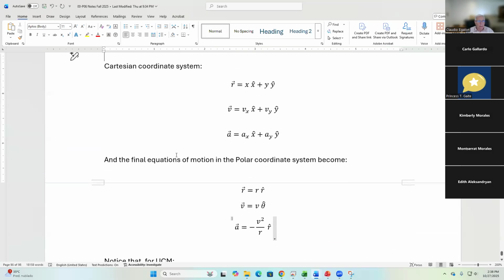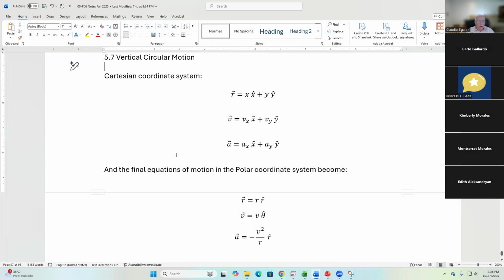Non-zero component, non-zero component, non-zero component. Here you go. Zero component here.